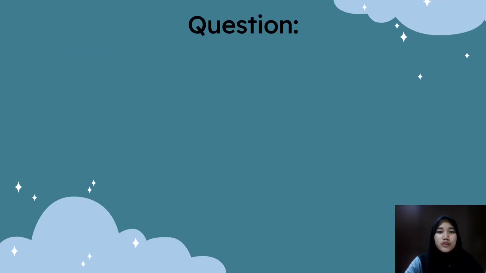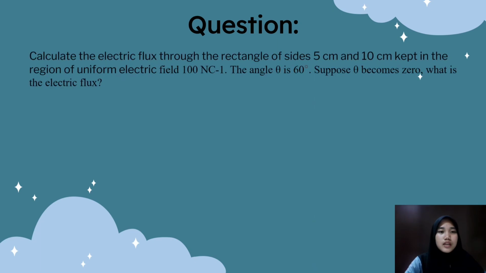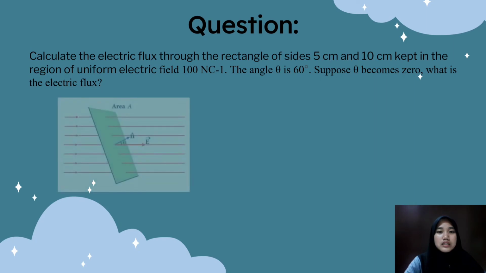So next we move to the example. Calculate the electric flux through a rectangle of sides 5 cm and 10 cm kept in a region of uniform electric field 100 N C^-1 and the angle is 60 degrees. Suppose theta becomes 0, so what is the electric flux?